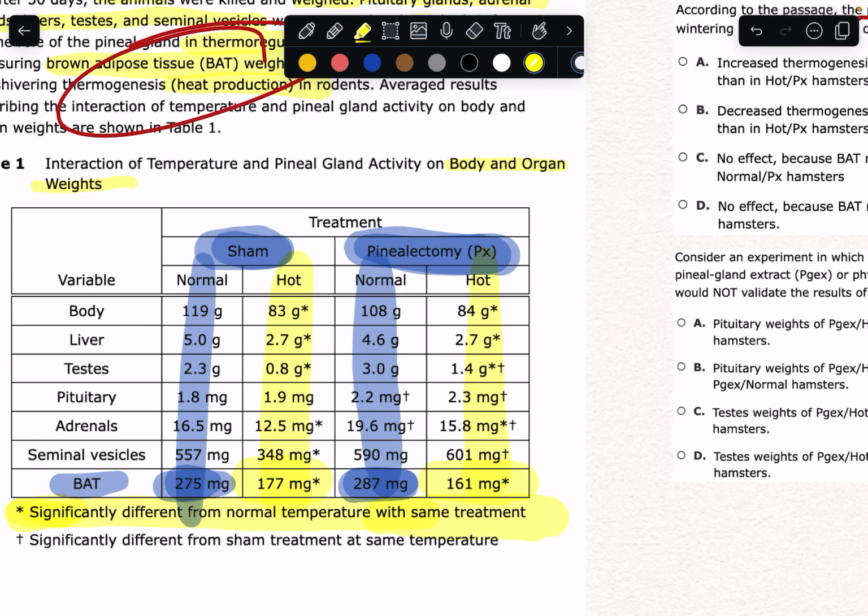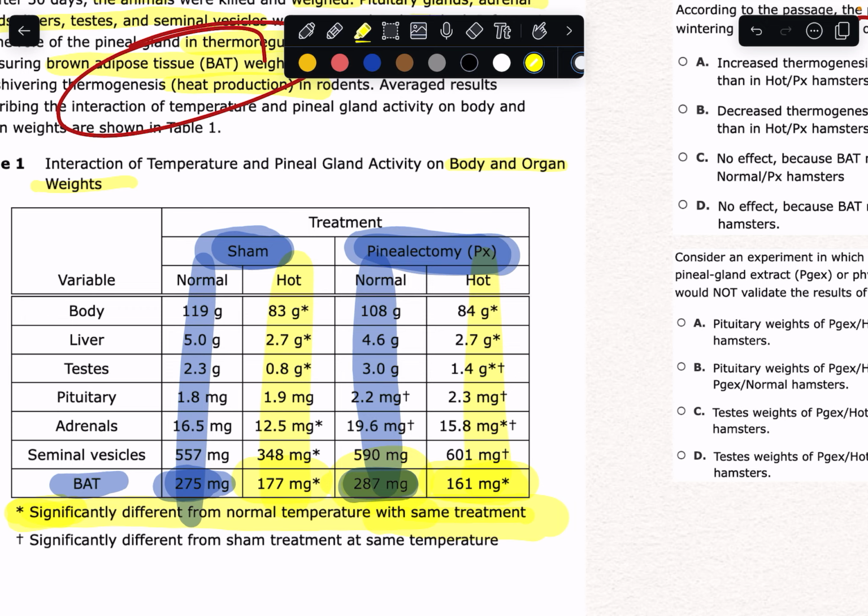Which means 161 here with the star is significantly smaller than this 287 because it has to do with the same treatment. And then PX under normal temperature, 287, that's the same treatment, right? PX 161, 287, you can compare because they're the same treatment. But you really can't say that 161 is significantly smaller than 177.